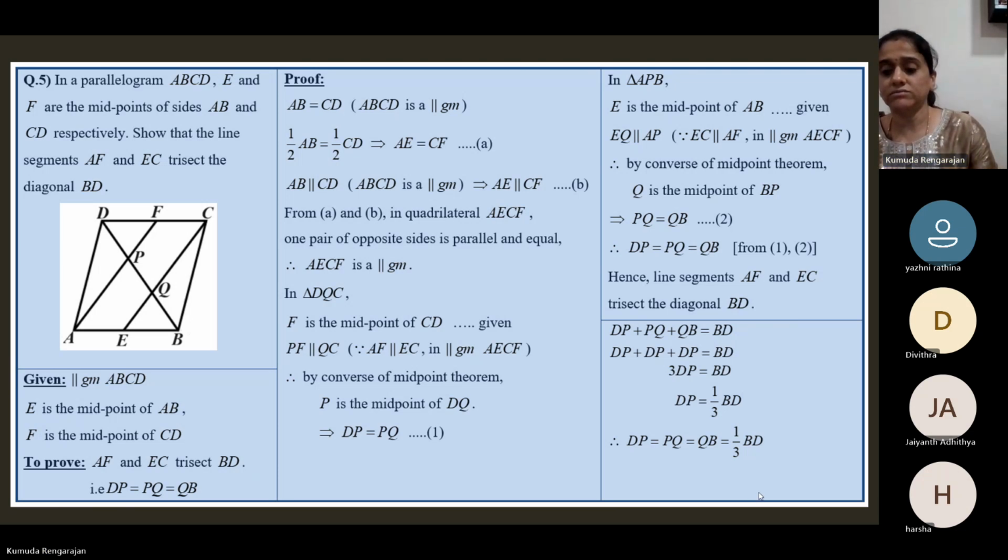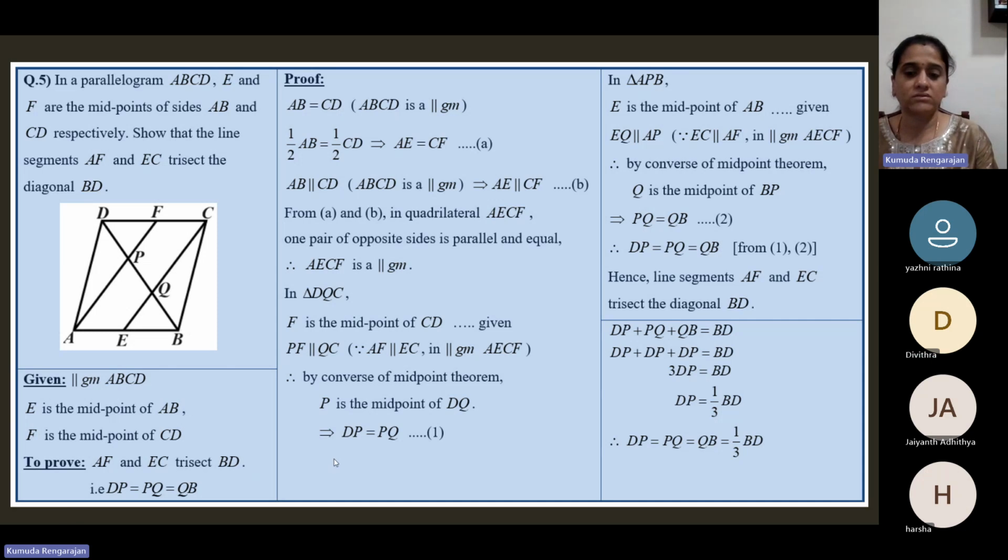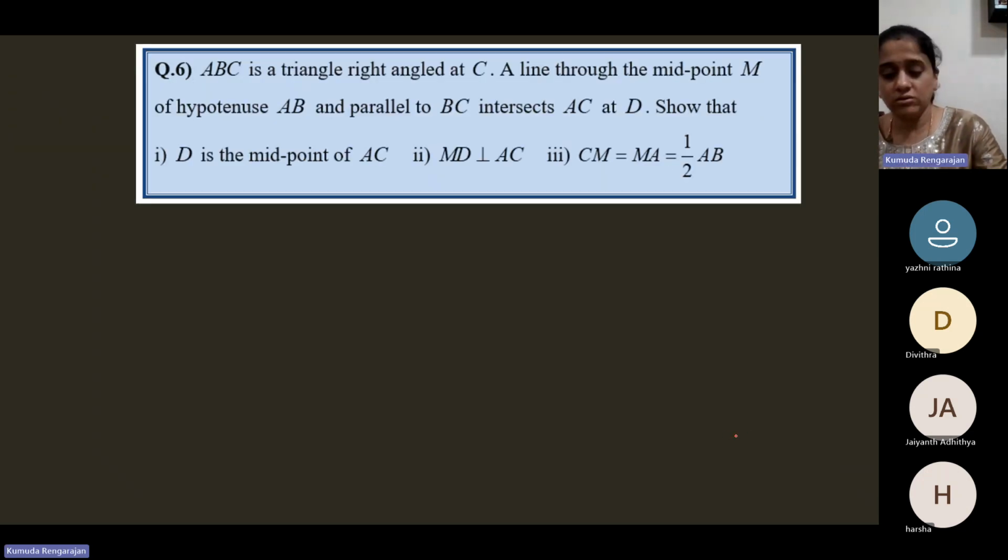Yarni finished writing? Yes, ma'am. Divitra, Jayant, and Harsha, I guess you were very late to join the meeting. Please join. Yes, on time, ma'am. Okay, so use the recording to understand that part of the class which you missed. Please go through the recording to understand the first half an hour or whatever you missed. Next one. Oh, you're still writing?